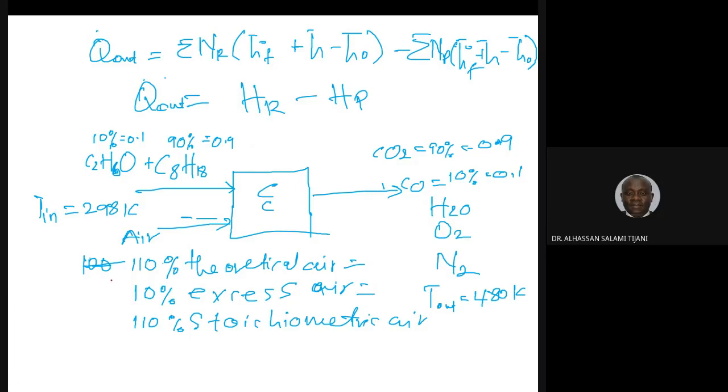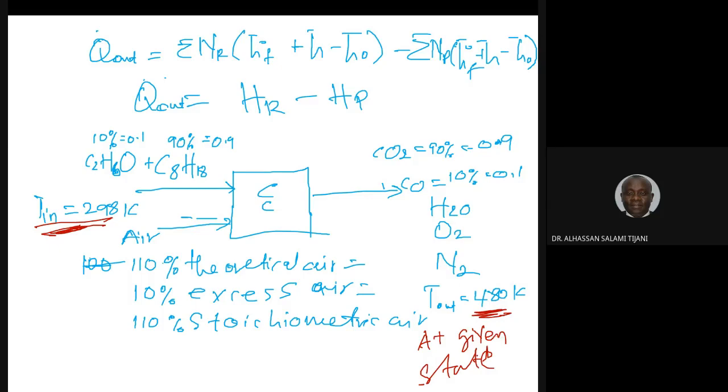At the reactant, the temperature is at standard state, but the temperature at the product side is different. This is not a standard state. This is the given state, completely different from the standard state.